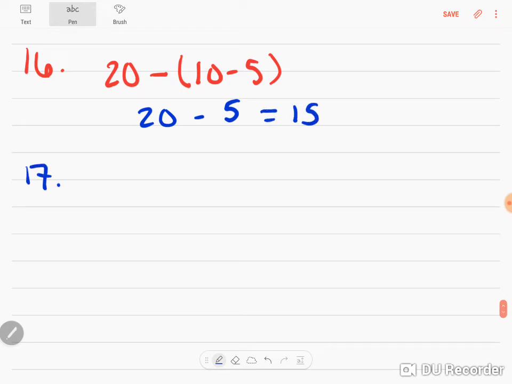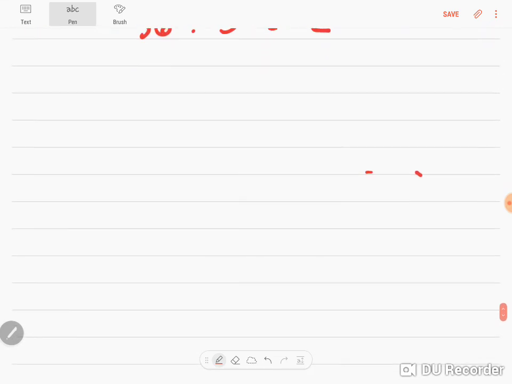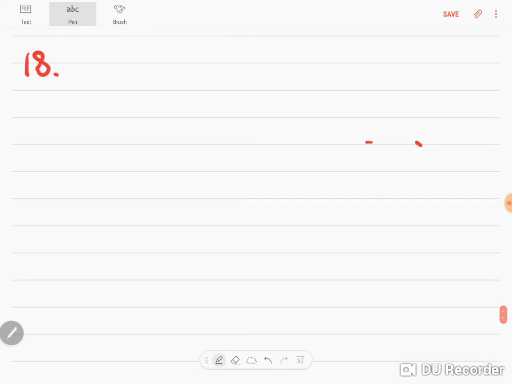Number 17. Parentheses says I have to do that first. Order of operations. 6 divided by 2 is 3. 36 divided by 3. 36 divided by 3 is 12. 18.